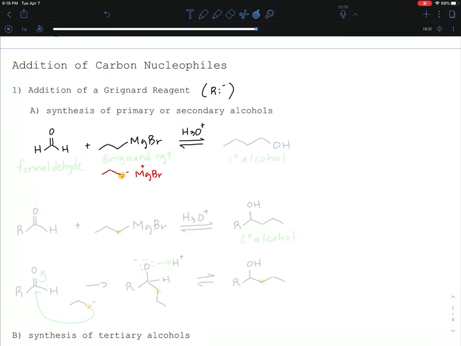And we're going to get what? We're going to attack the carbon of the carbonyl on the formaldehyde. And then we're adding 1, 2, 3 carbons in our Grignard, and there's 1 carbon in the aldehyde. So we're going to have something that's got 4 carbons. There's your 4 carbons. And after we add that acid, a hydroxyl group. So we end up with a primary alcohol.